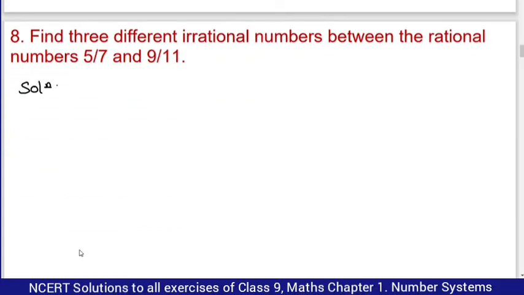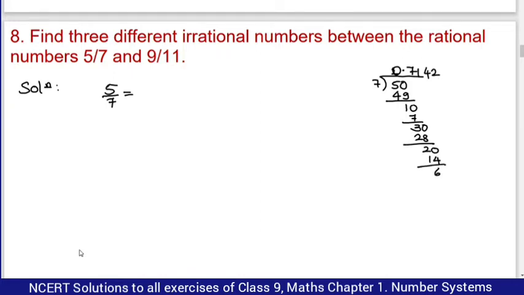Solution. 5 by 7 can be written by doing the division here. 5 will not divide with 7, then take point, here it will be 0. 7 sevens are 49, remainder is 1, then 7 ones are 7, remainder is 3, again 7 fours are 28, 7 twos are 14, 7 eights are 56, 7 fives are 35.